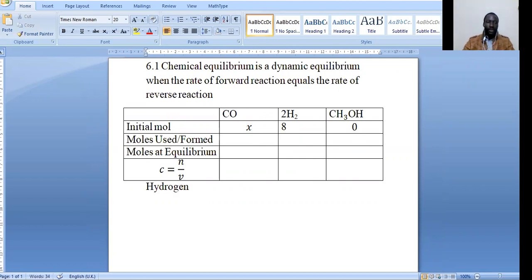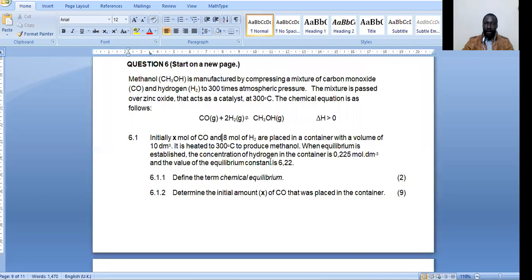what do we know? The thing we know about hydrogen is that at equilibrium, as it was written here, just read again. They said when equilibrium is established, the concentration of hydrogen in the container is 0.225. So we now have the concentration, and also we have the volume. So let's put it down.